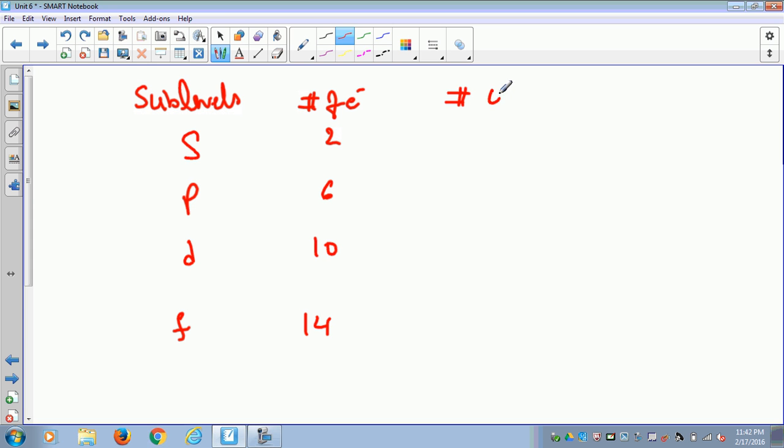Pauli said that one orbital can hold a maximum of 2 electrons. An orbital is a more defined space around the nucleus. And one orbital can hold a maximum of 2 electrons, and they have to be in opposite spin.